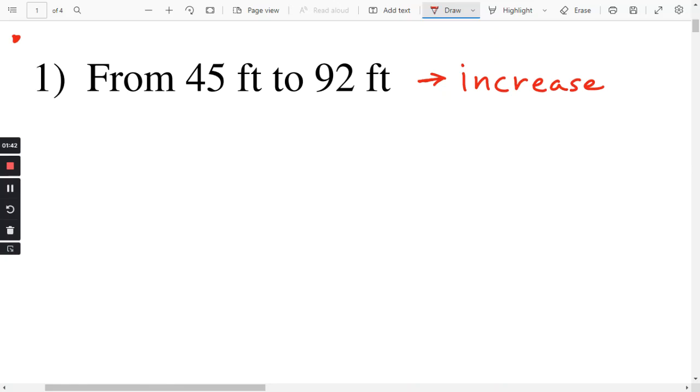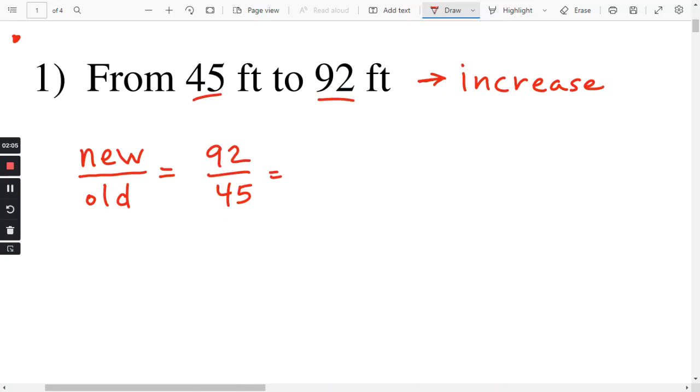I'm going to start with the new value divided by the old value, because that is common to both formulas, whether it's an increase or a decrease. So the new value is 92, and the old value is 45.